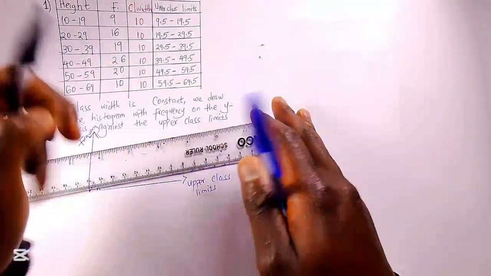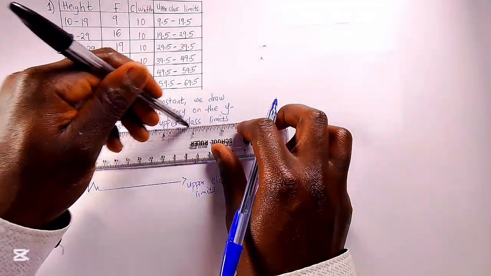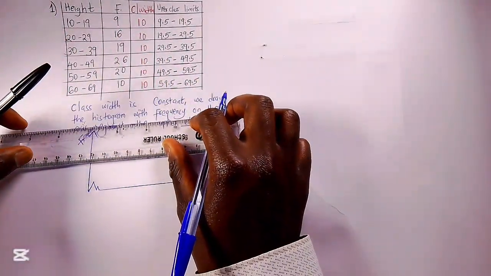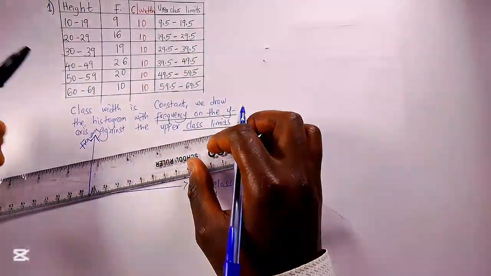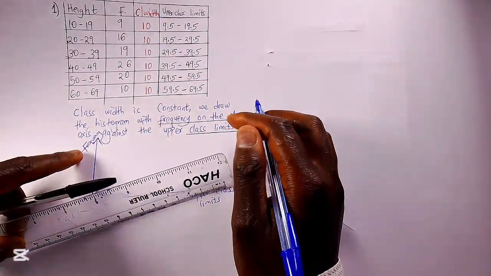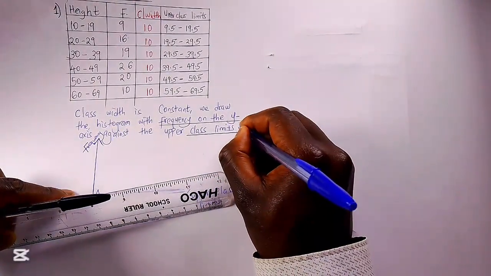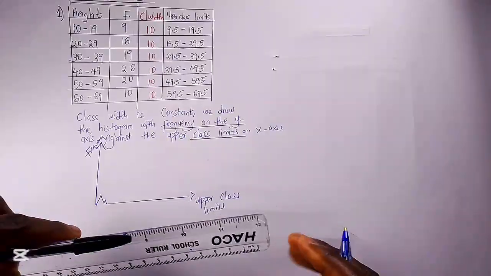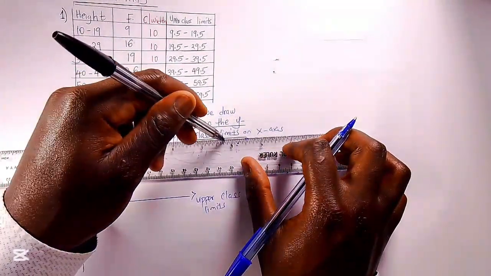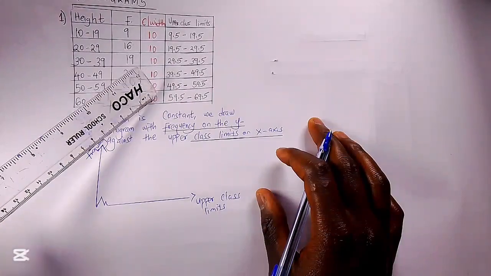We will have this as the class limits, and we will have the frequency on the y-axis against the upper class limits on the x-axis. That is very, very important to note. This condition is when the class width is the same.